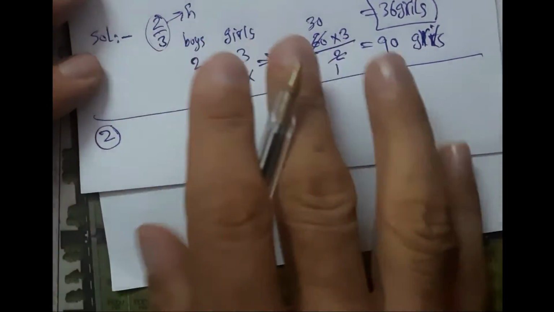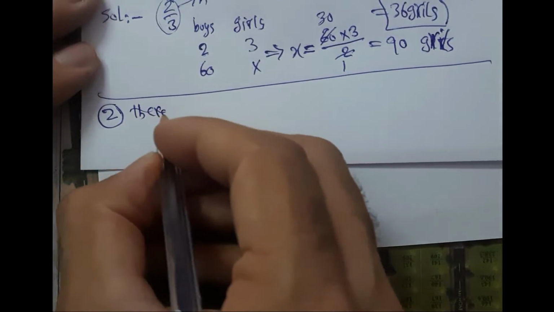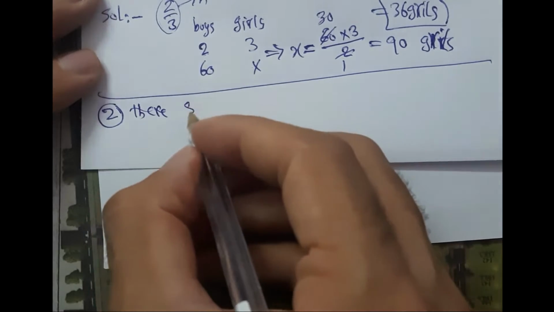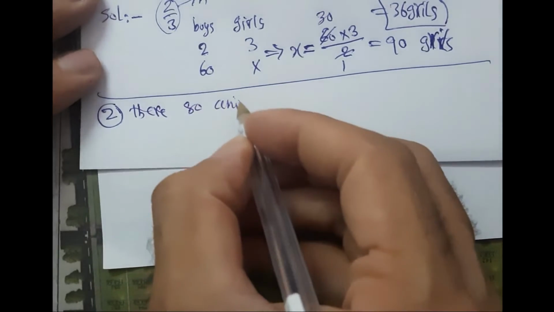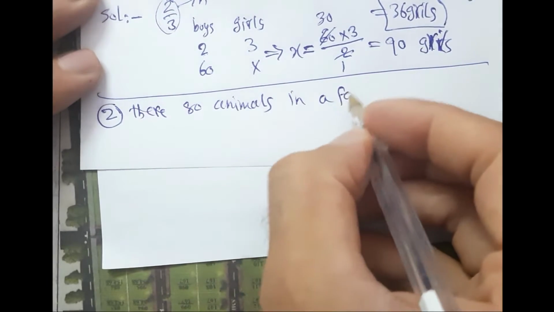Second example: there are 80 animals in a farm.